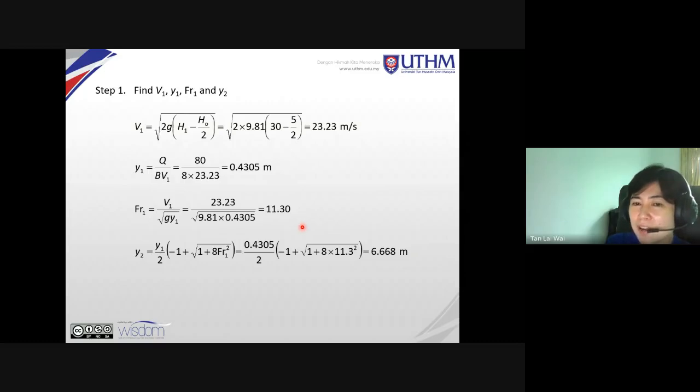And the Froude number, we don't need to find the Froude number for Y2, but it should be less than 1 because it's subcritical. Froude number for Y1 should be greater than 1 because it's supercritical.